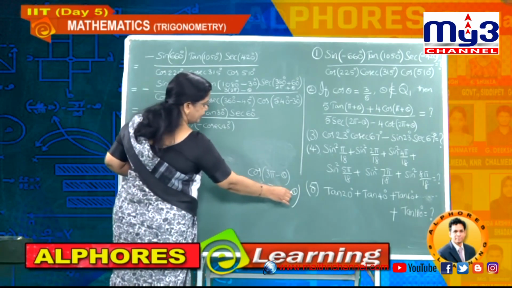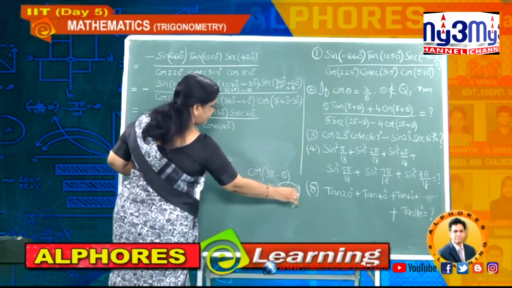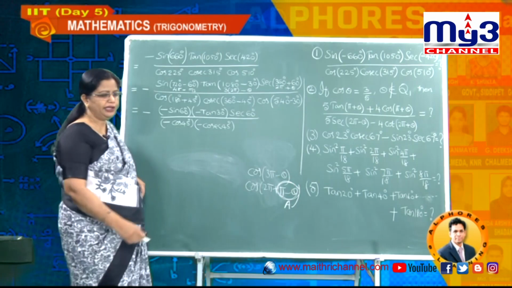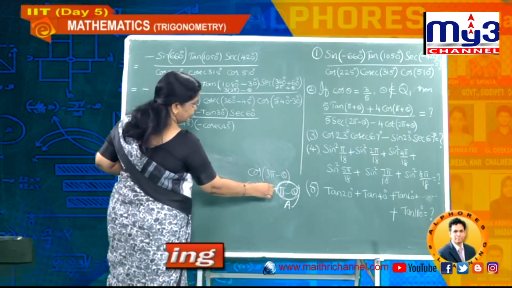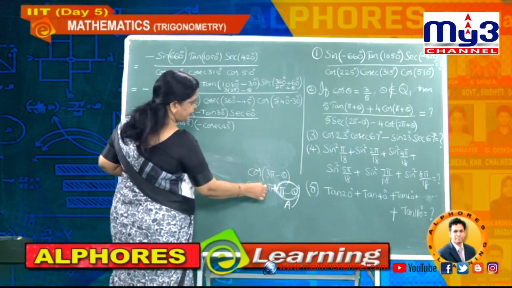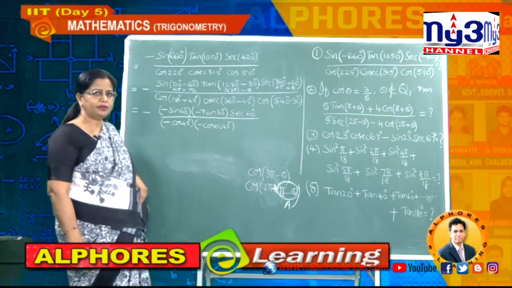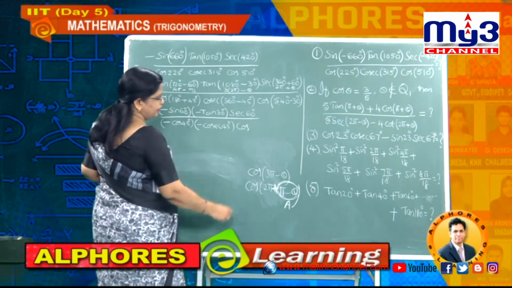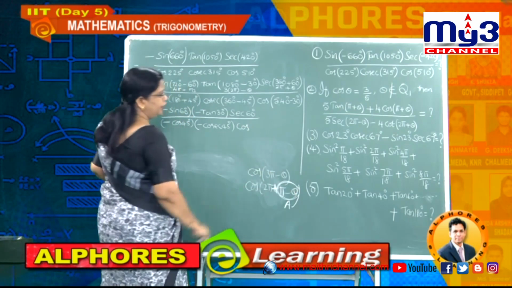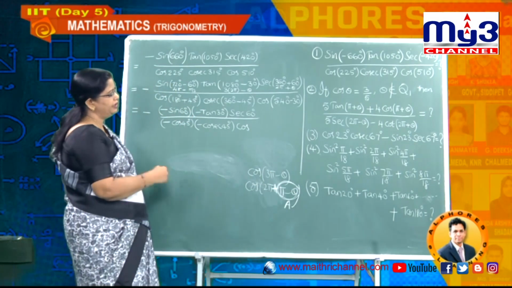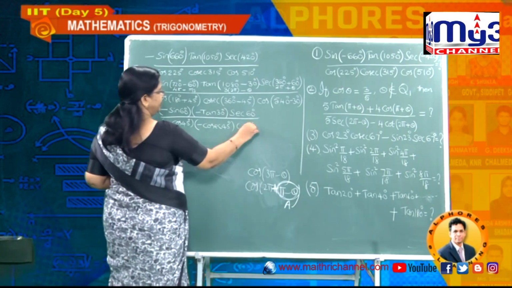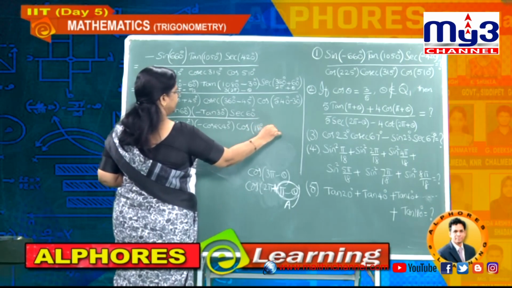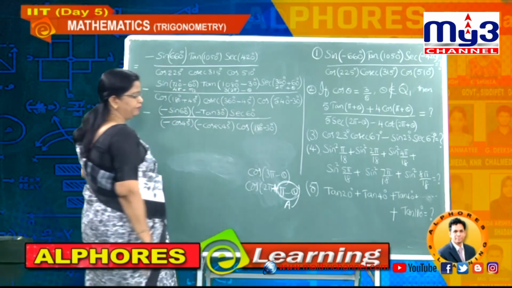Now pi minus theta, suppose you assume as some other angle capital A, it is cos of 2 pi plus A. Cos 2 pi plus A means it is cos A. Therefore we write this value as cos of how much the value left over? Pi minus 30, 180 minus 30. So I am writing this as pi minus or 180 minus 30. Just one more extra step we are using, okay.